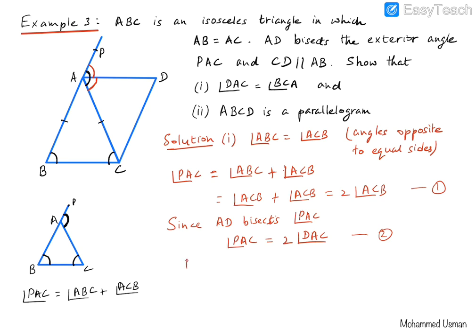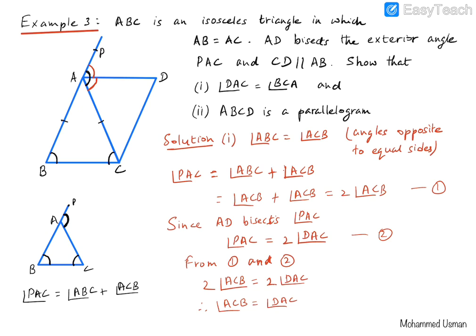Therefore, from equations 1 and 2, we get 2 times angle ACB equals 2 times angle DAC. So angle ACB equals angle DAC.